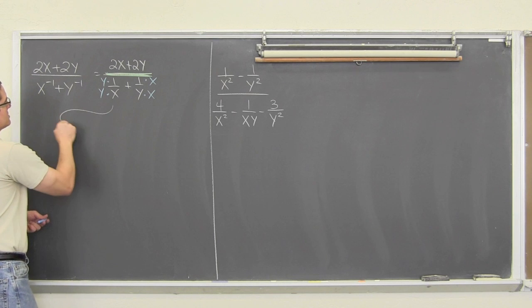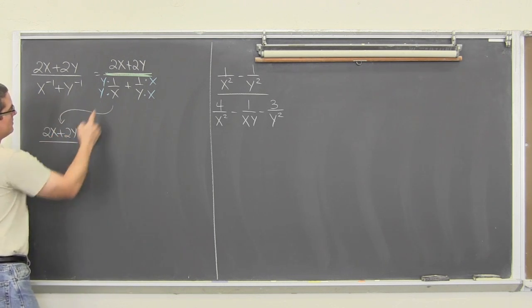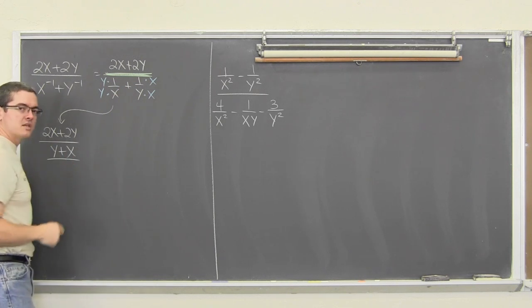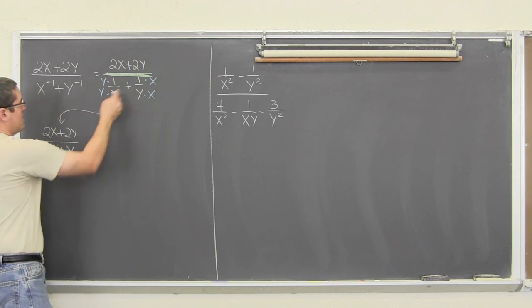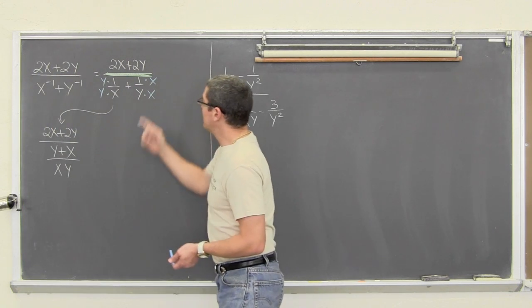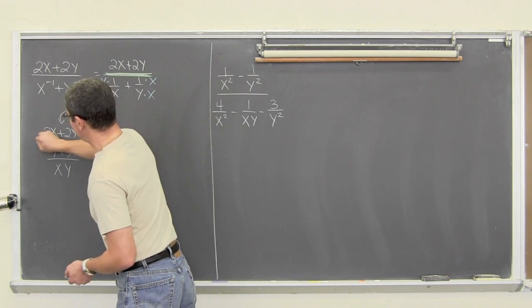That is going to come out to be 2x plus 2y over y plus x. And addition is commutative, so y plus x is the same as x plus y, over our common denominator of xy. Now, again, the main fraction bar was underneath 2x plus 2y, so it's right there.